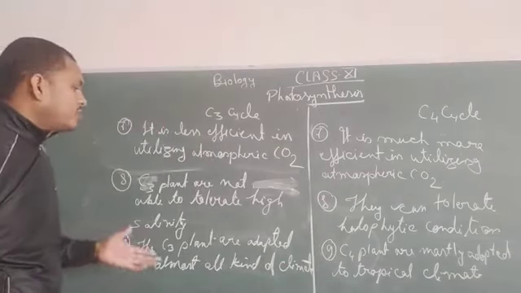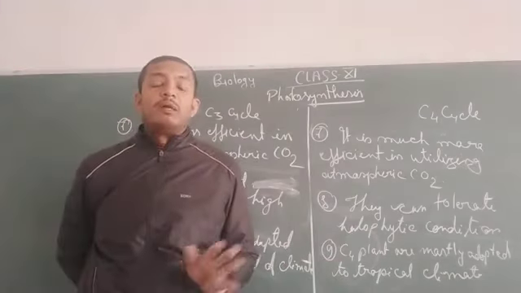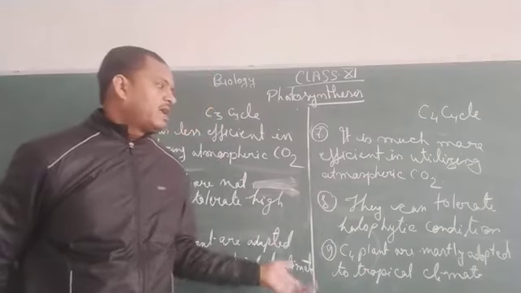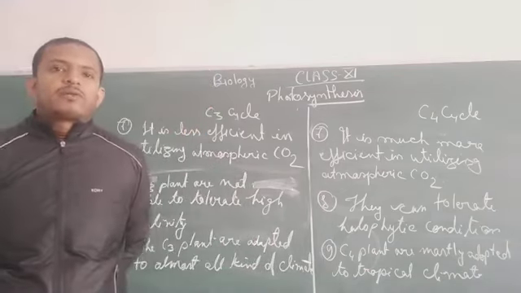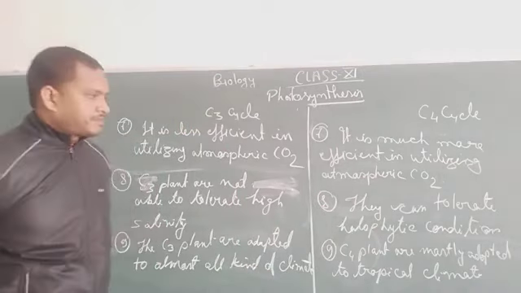The next point, C3 plants are adapted to almost every kind of environment or climate, but the special feature of C4 plants is that they are mostly adapted to tropical climate.